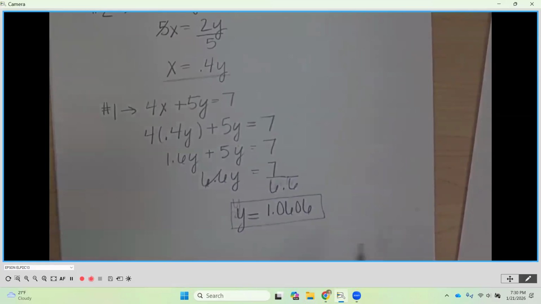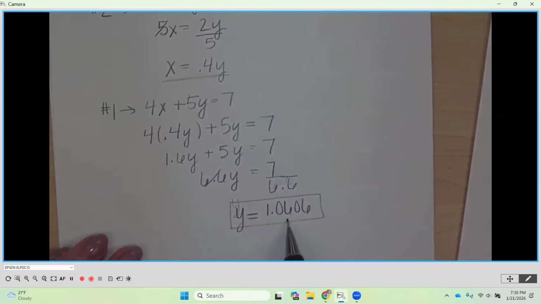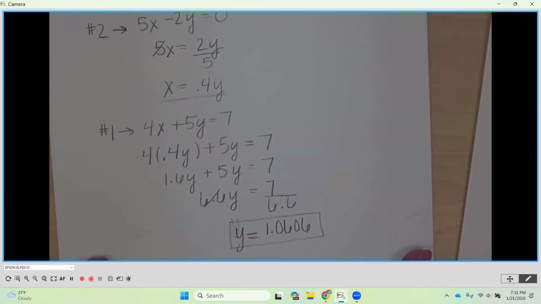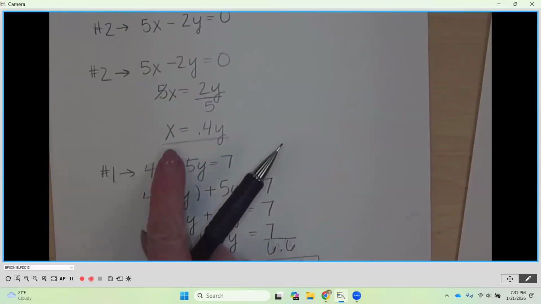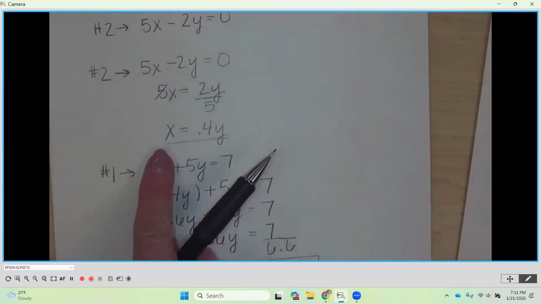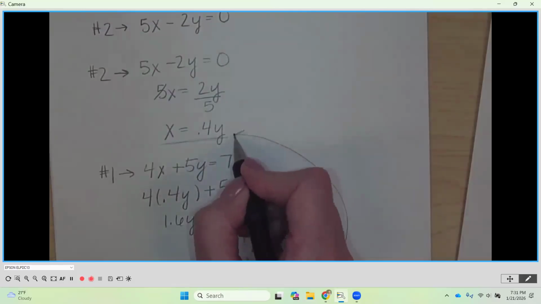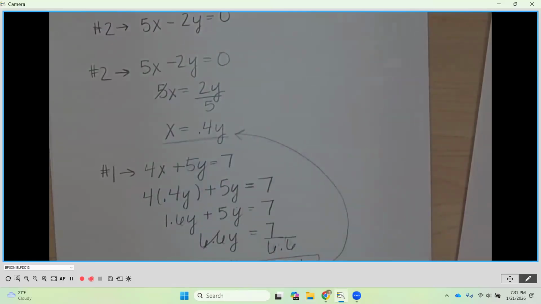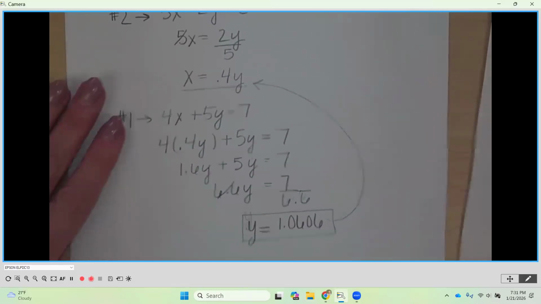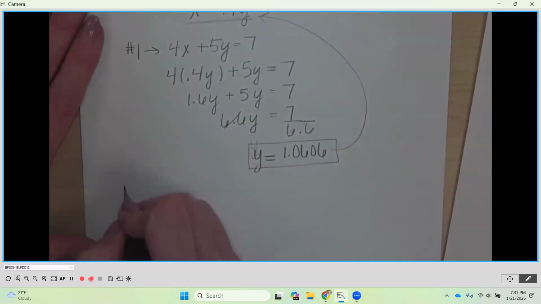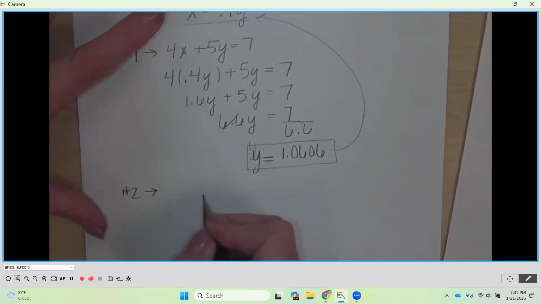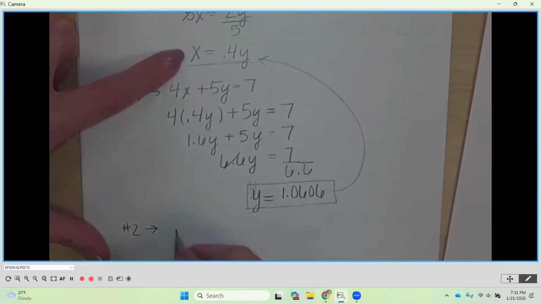Okay. Everybody get that same value? Now that we have our y, since we used equation number 1 here, we want to substitute this back into equation number 2. But we did a little rearranging here where we have number 2 in terms of x. So we can plug y back into that spot right there. I'm going to go back to equation number 2, but in the x is equal to 0.4y form.